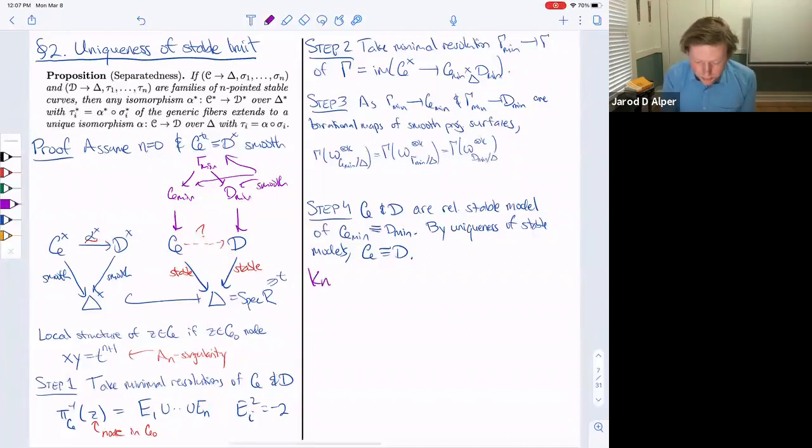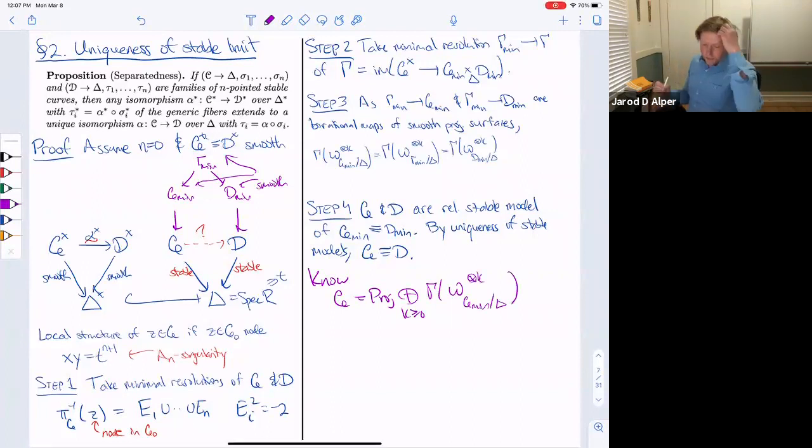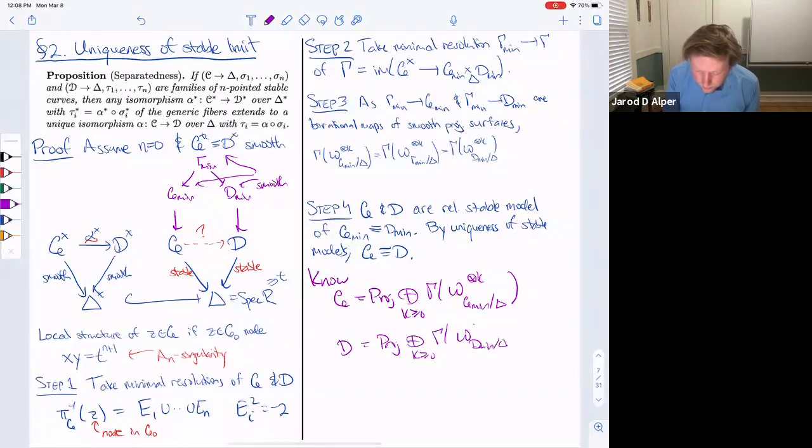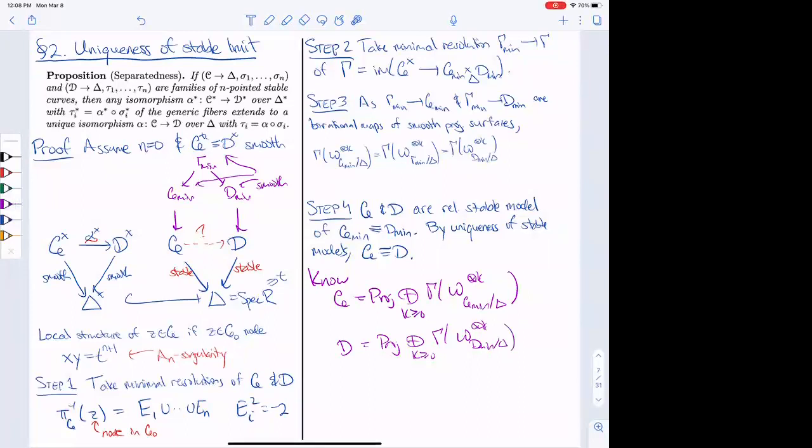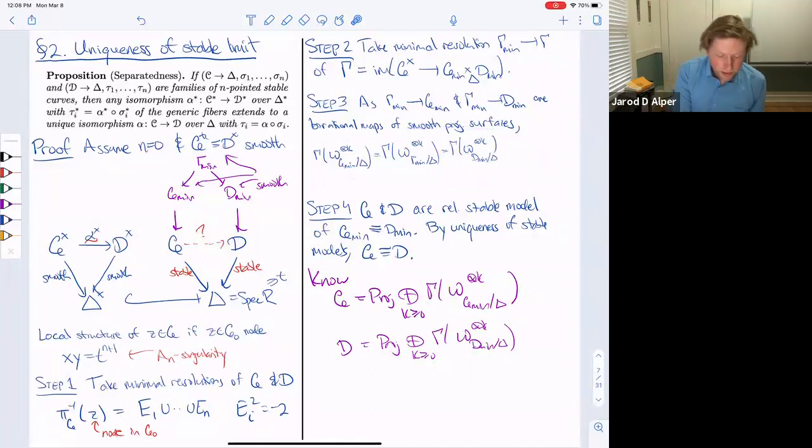Namely, we know that C is the Proj of the sections of the relative dualizing sheaf, and we also know the same is true for D. Because of these equalities of sections, we get equalities of their Projs, and therefore an isomorphism between C and D.